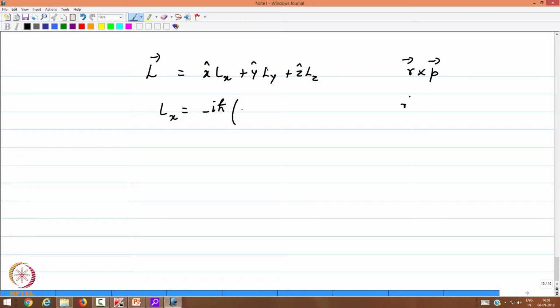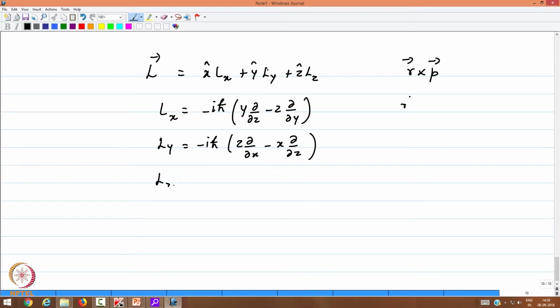Then Lx will be y dou by dou z minus z dou by dou y, and Ly is minus i h bar z dou by dou x minus x dou by dou z, and Lz is minus i h bar x dou by dou y minus y dou by dou x. It's easy to remember, this is cyclical: yz, zx, xy.